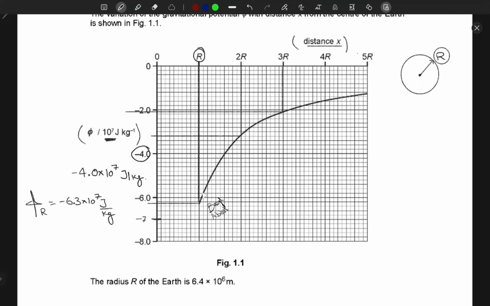Sir, which formula will be used for this one? Oh, okay. So I think I should have mentioned this as well. On the vertical axis, we are given values of potential, and on the horizontal axis, we are given values for distance. Because at the surface, we are talking about when the distance is just equal to r.